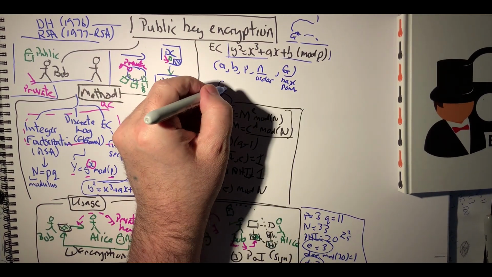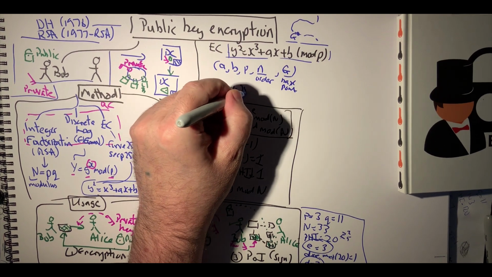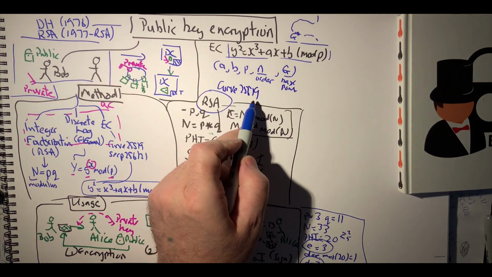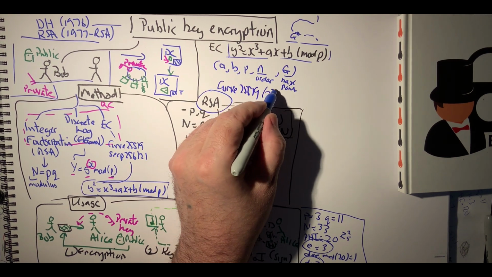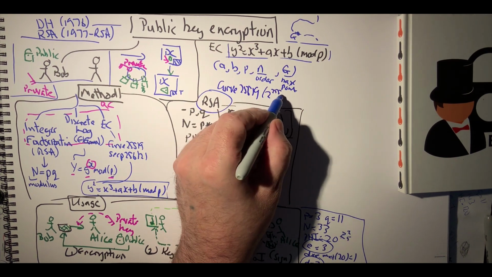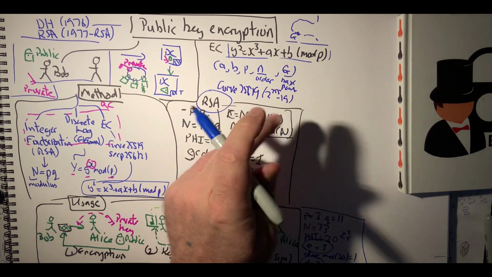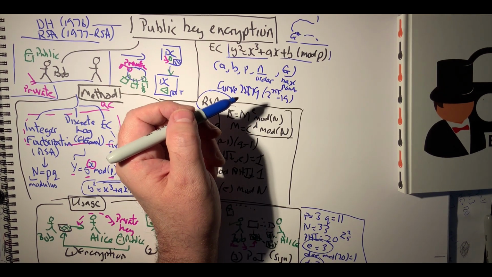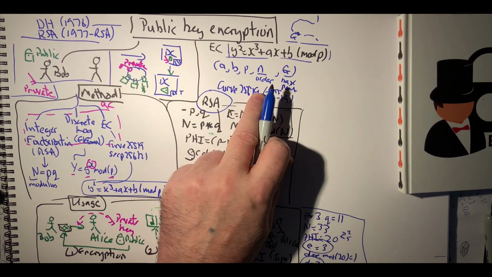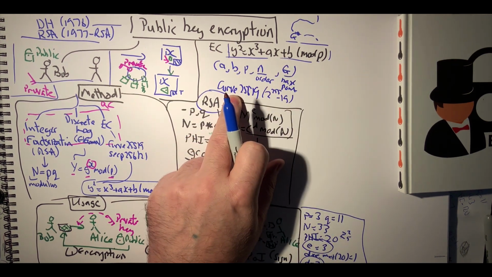So common curves are Curve 25519, that uses a prime number of 2 to the power of 255 minus 19. And also secp256k1, which is used in Bitcoin transactions.